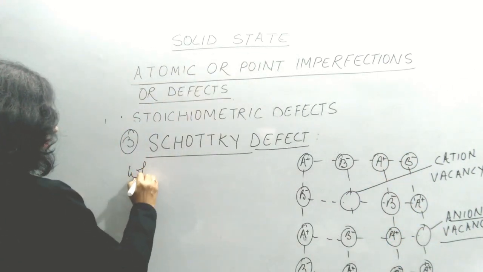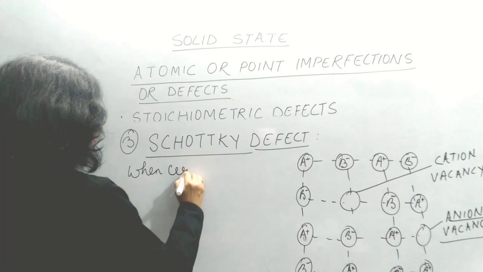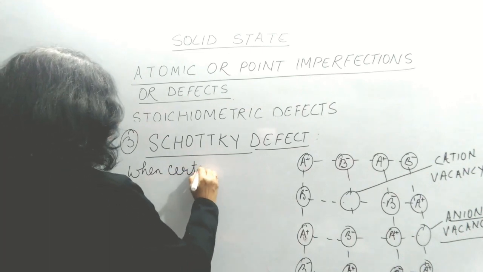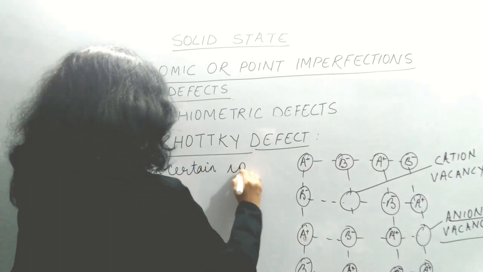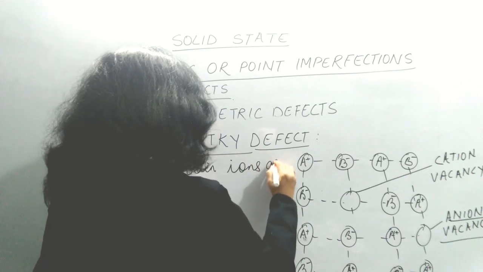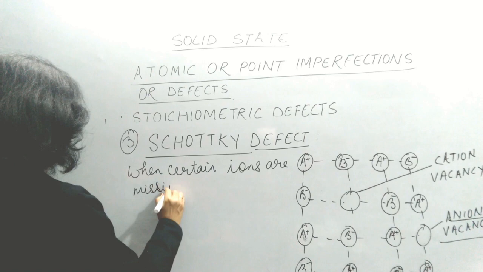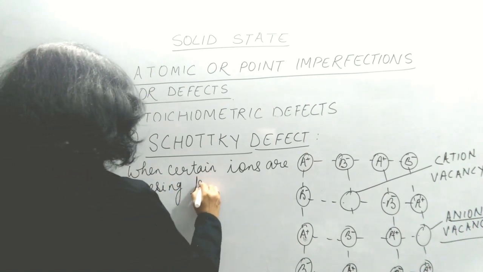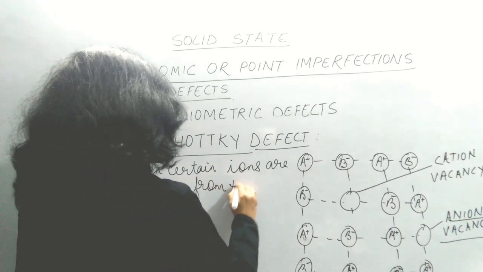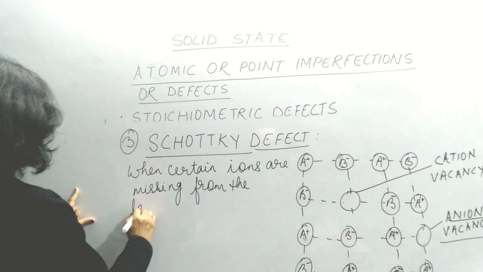Schottky defect arises when certain ions are missing from the lattice sites.